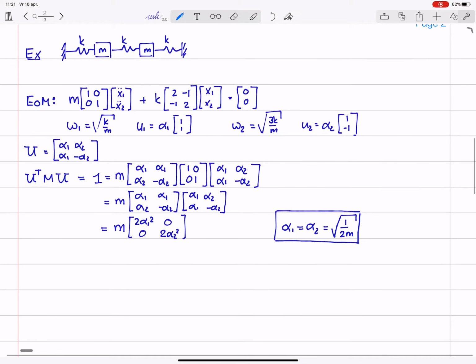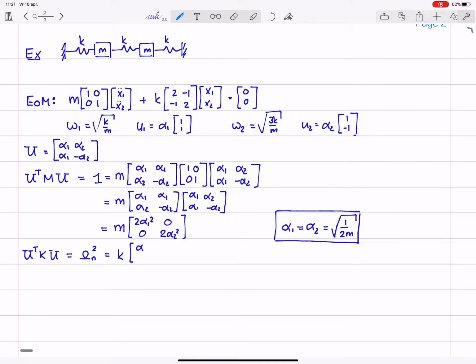So let's see if, for this choice, U transpose times K times U is the matrix of natural frequencies squared. So this is K times alpha 1, alpha 1, alpha 2, minus alpha 2, with 2, minus 1, minus 1, 2 in the middle, and alpha 1, alpha 1, alpha 2, minus alpha 2. I will start at the back.